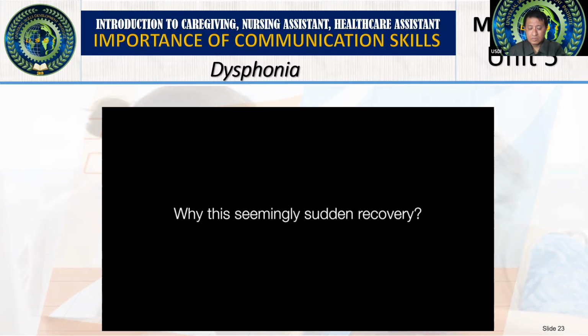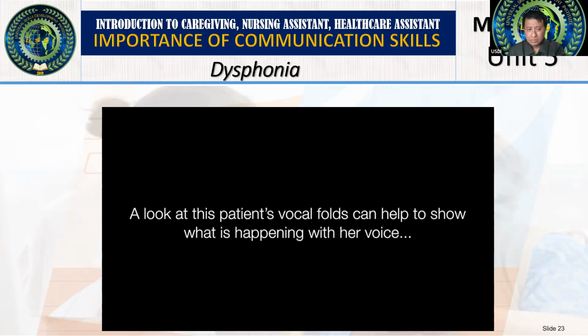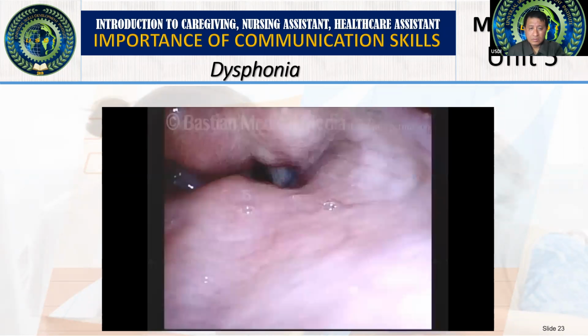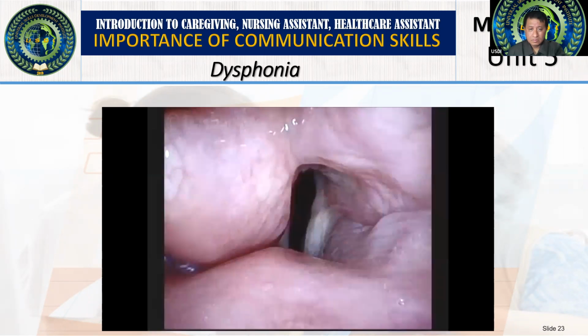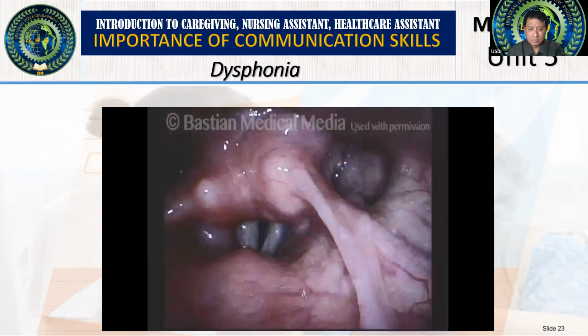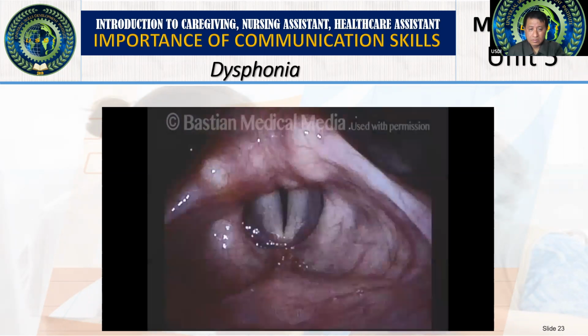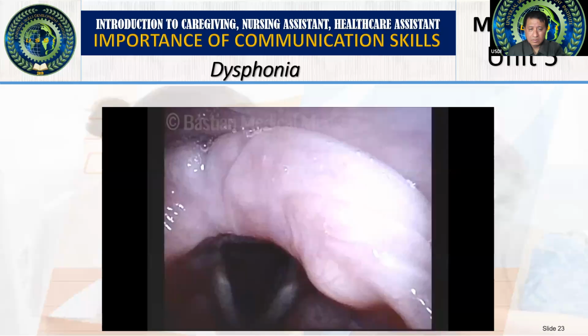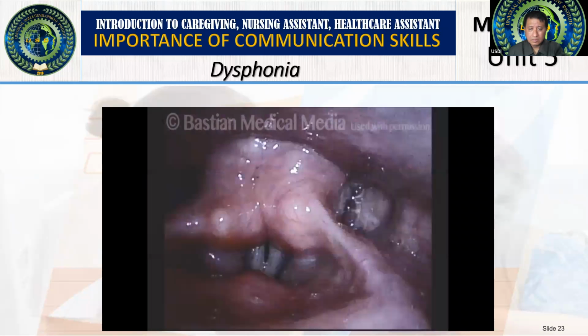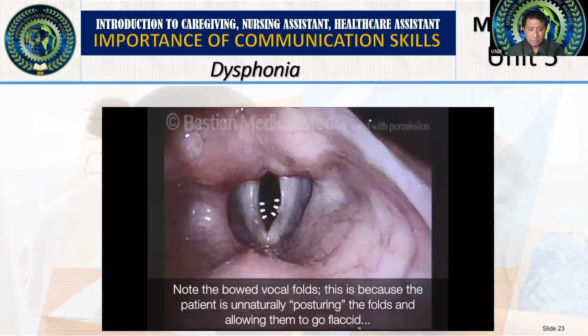Why this seemingly sudden recovery? A look at this patient's vocal folds can help to show what is happening with her voice. Note the bowed vocal folds.